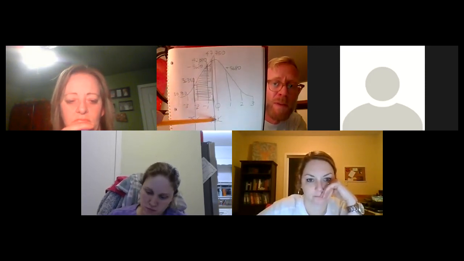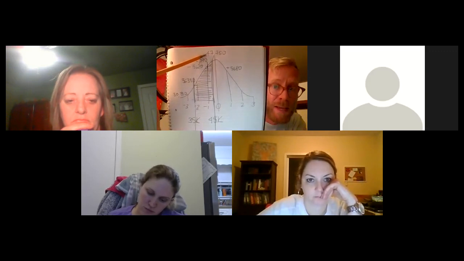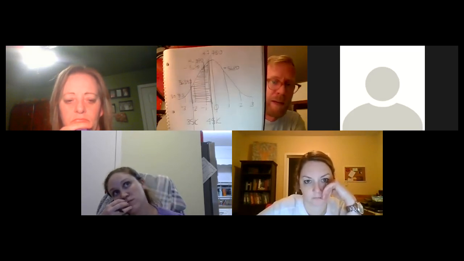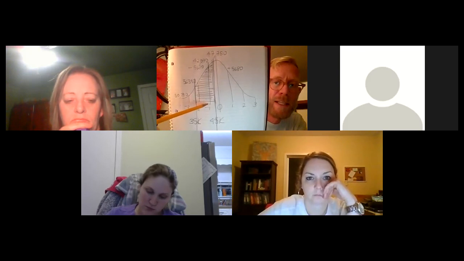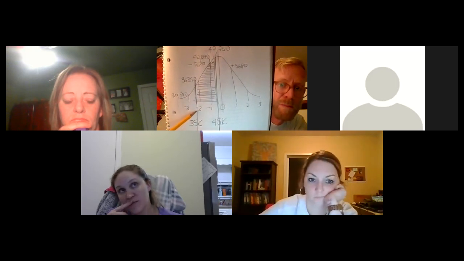We're looking for the area in between. Why did I draw them there? The 45,000 is less than the average, which is 47,750, so I drew that line a little to the left of it. I'm not trying to find an exact position, I just know it's to the left. But it's not one standard deviation over, because that's 46 and some change. The reason I drew the 35 here is because I'm looking at the values that correspond to certain multiples of the standard deviation.